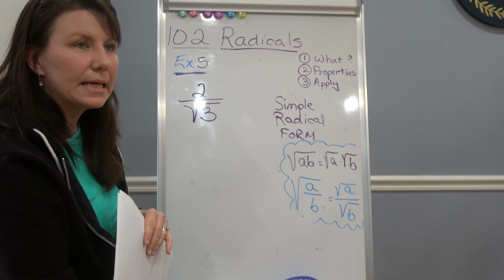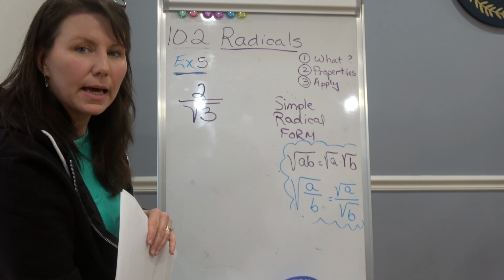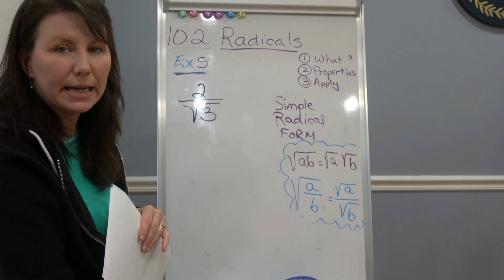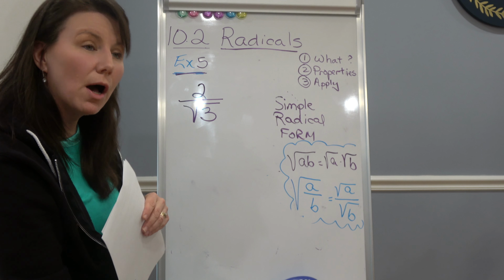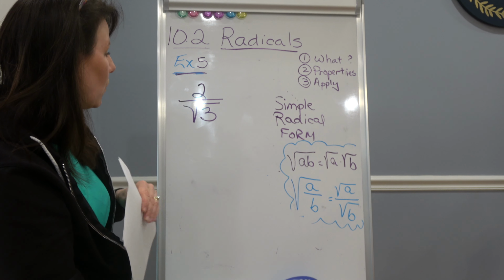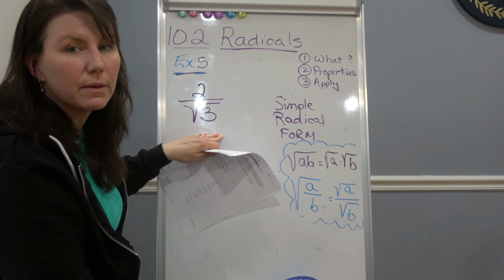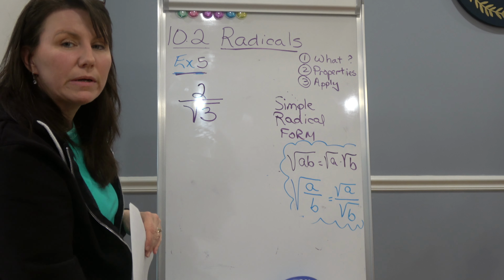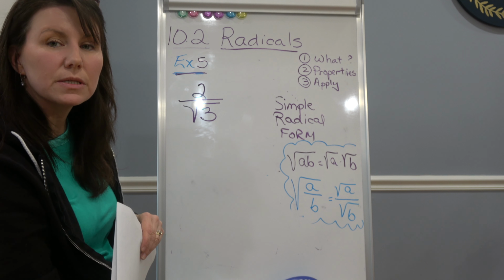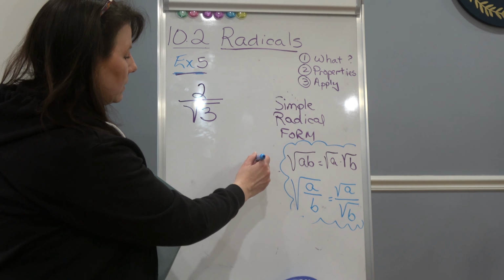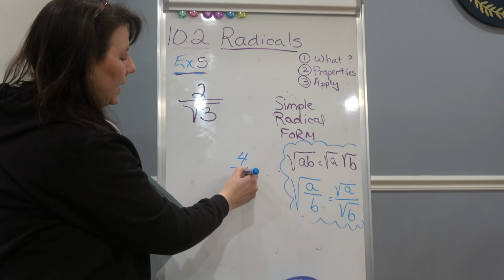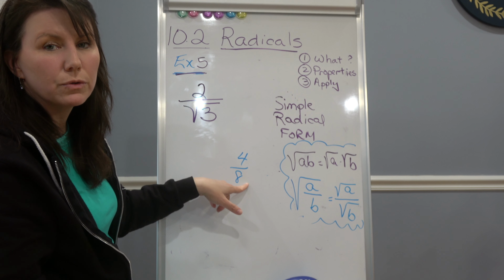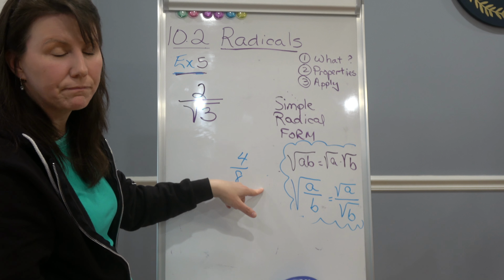Well, in mathematics, a fraction is not simplified if it has a radical in the denominator, on the bottom. So we need to figure out a way to not have a radical in the bottom of this fraction. Now, if we think about when we reduce or simplify fractions, normally, if you had something like 4/8, you would divide the top and bottom by 4 to reduce it or simplify it.